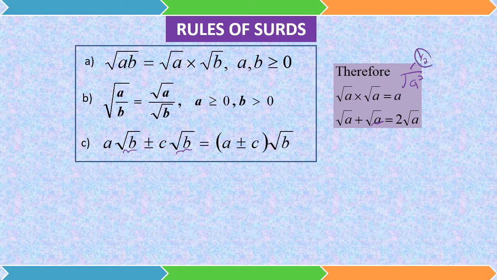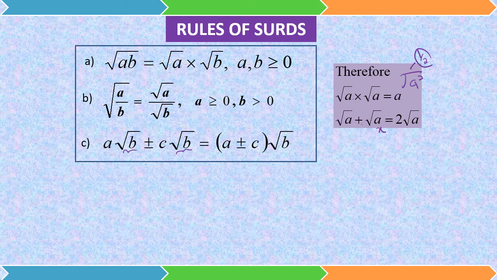And for this one, square root of a plus square root of a has one coefficient for each square root. So this one is like x, like 1x plus 1x. We have 2x. So surd a plus surd a is equal to 2 surd a.